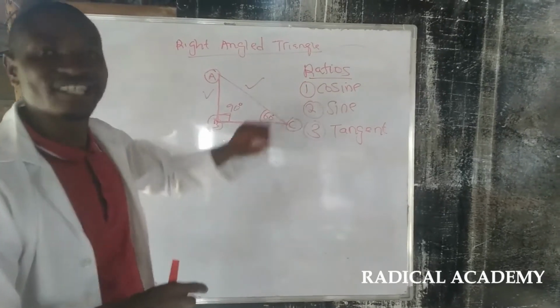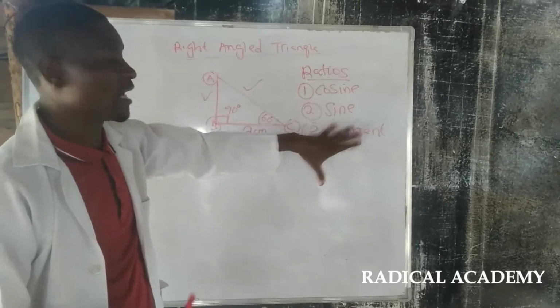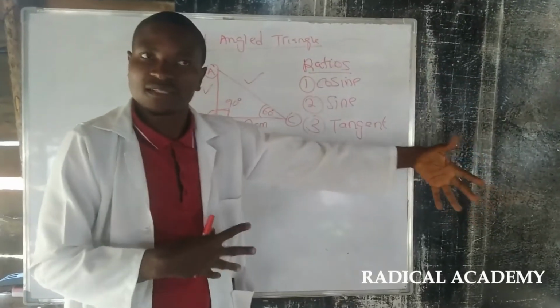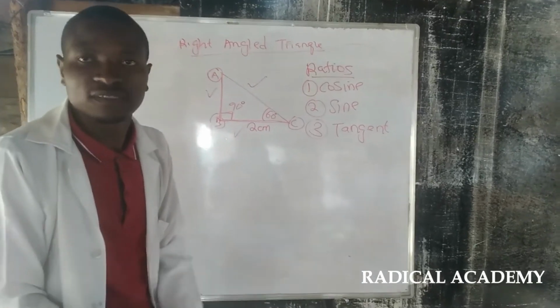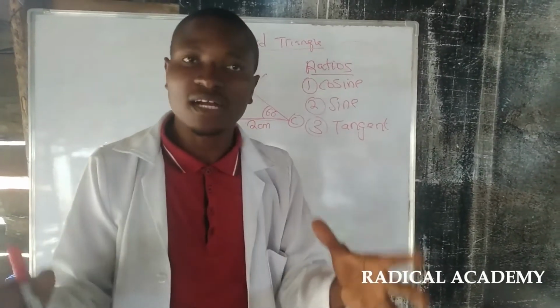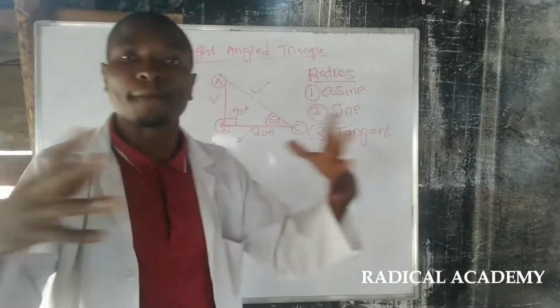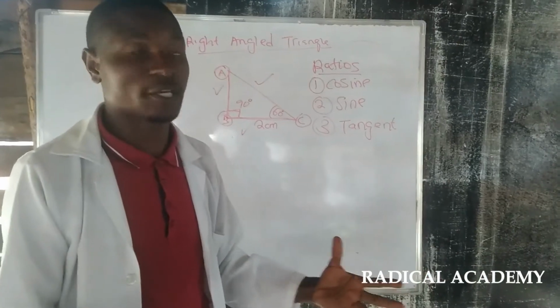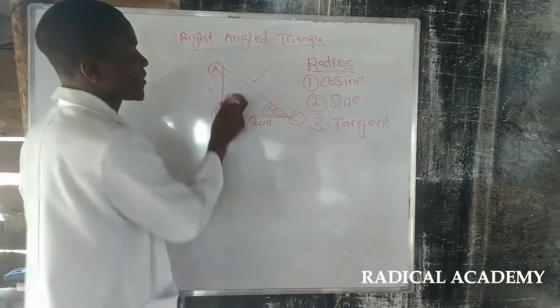Each of these three ratios that I've just written down has corresponding sides involved. From the knowledge of grade 9, we also understand that in a right angle triangle we have what is known as the hypotenuse, the longest side in the triangle, which is this side.